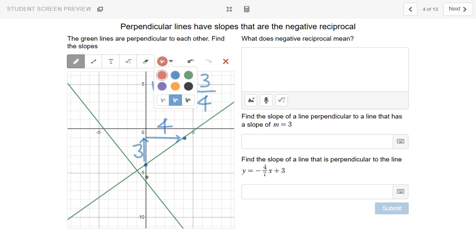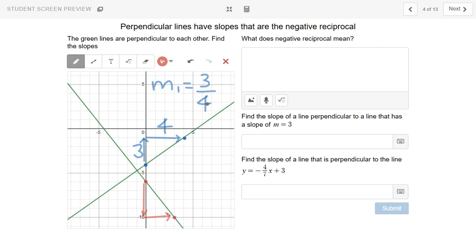The second line, I'll use this point and this point. We're going down by 4 units and to the right by 3 units.